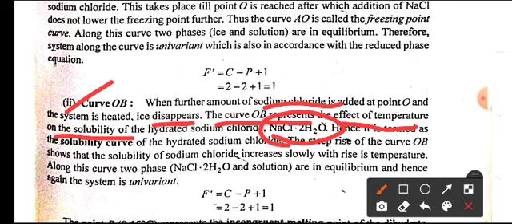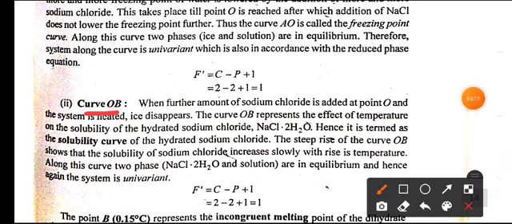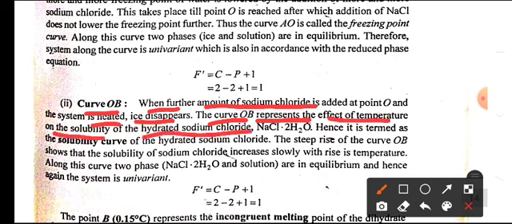Once again I repeat this because it is very important. For curve OB, when a further amount of sodium chloride is added and the system is heated, the ice disappears. The curve OB represents the effect of temperature on the solubility of the hydrated sodium chloride.